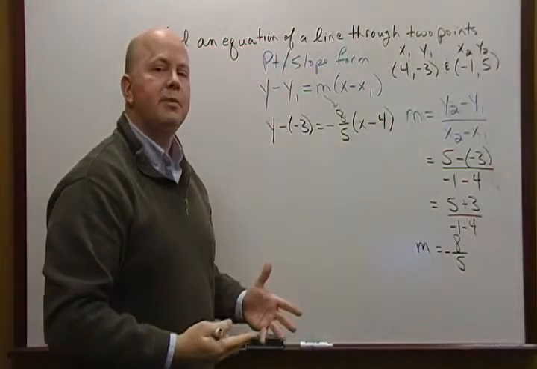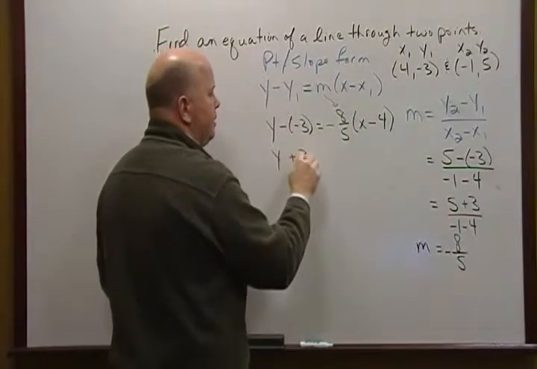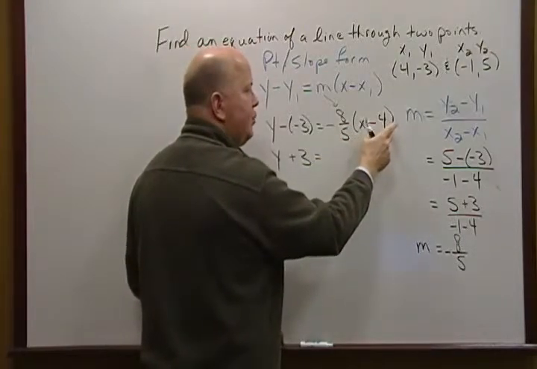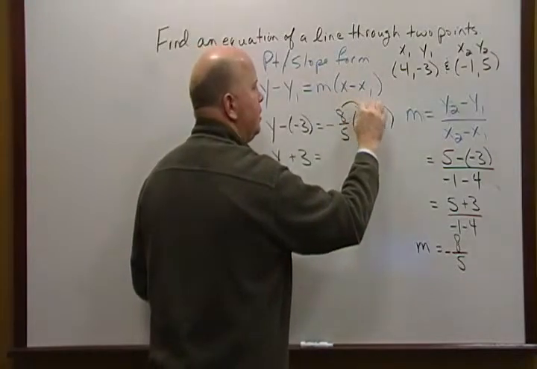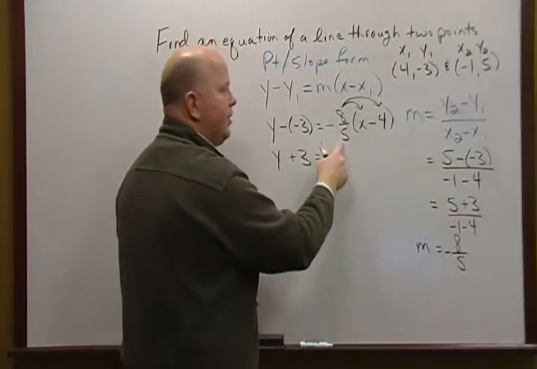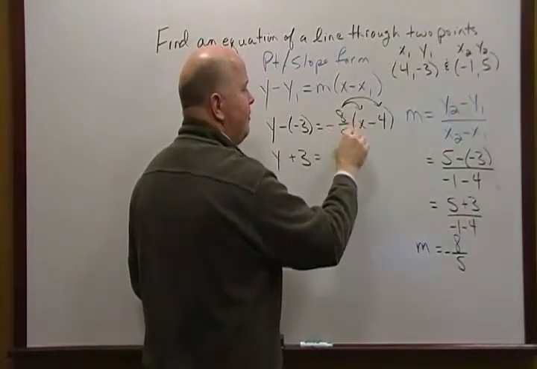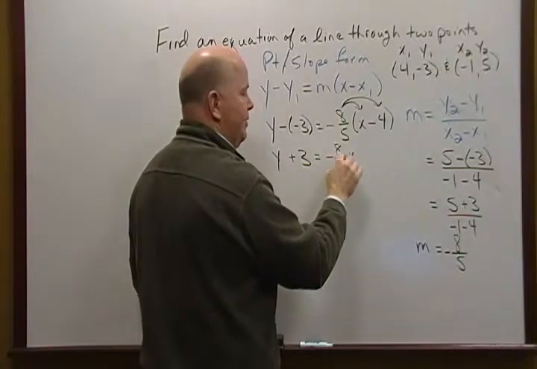And now we're going to do our simplification. So we have y plus 3. Here we have a constant times a quantity in this set of parentheses. So we'll use the distributive property and multiply this constant by both of these values. So we'll have -8/5 times x, which is -8 over 5x.